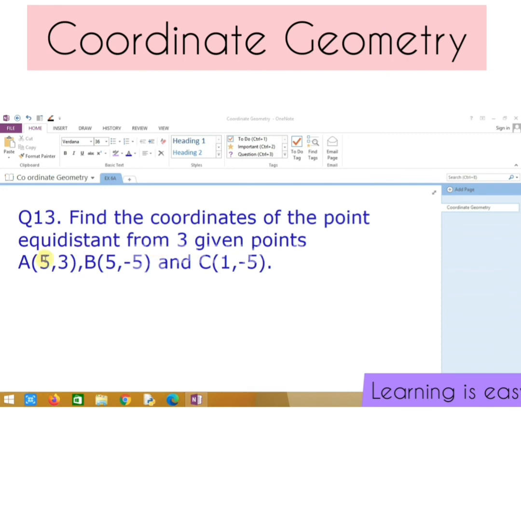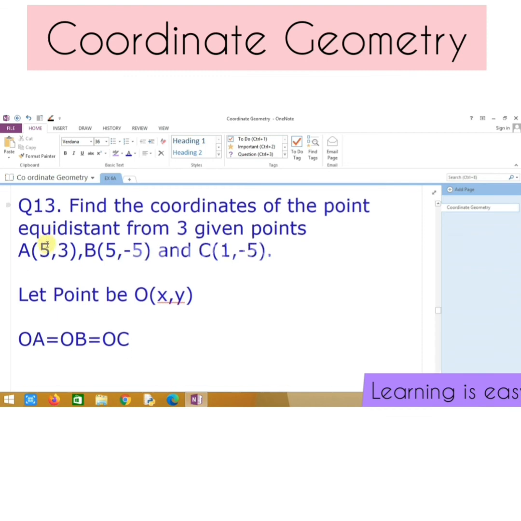Next question 13. Find the coordinates of the point equidistant from 3 given points. Let's assume the point to be O, x, y, and it is equidistant from all the 3 points mentioned over here, A, B and C. Meaning OA is equal to OB equal to OC. So OA square equals OB square equals OC square.